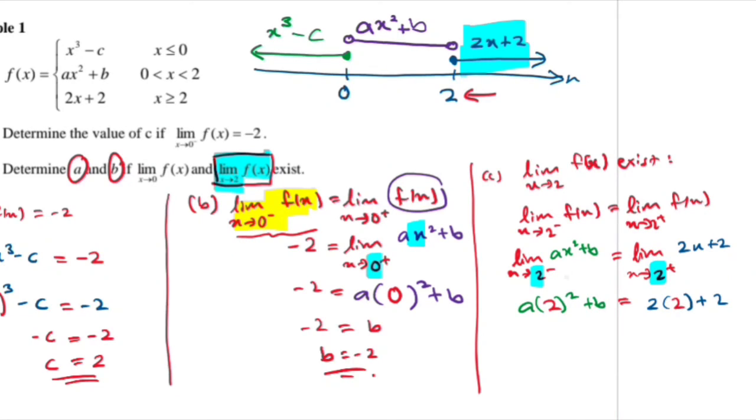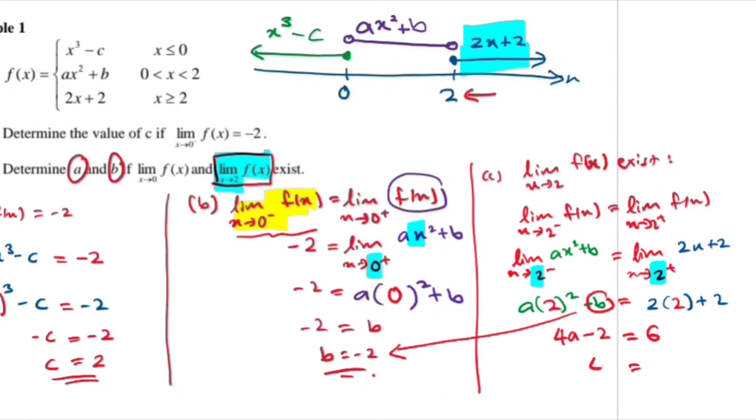Remember, when you have substituted your value of x into that function, the word lim is no longer there. What is your value on the left side? When you simplify this, you should get 4a plus b. You found the value of b previously, so you can use that. And on the right side, your value is 6.